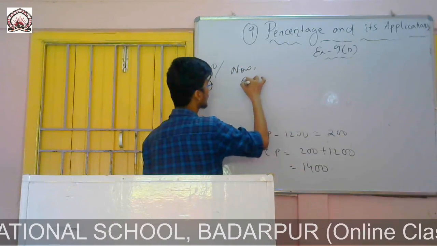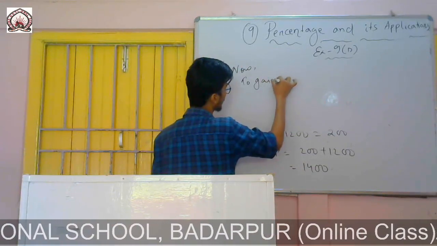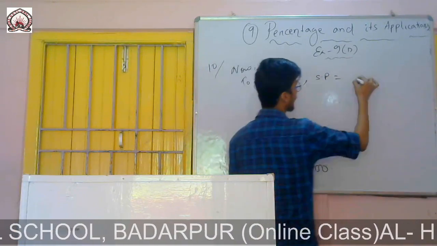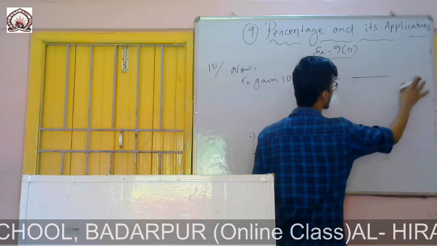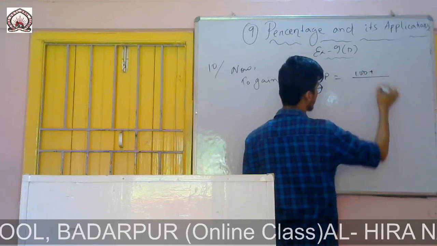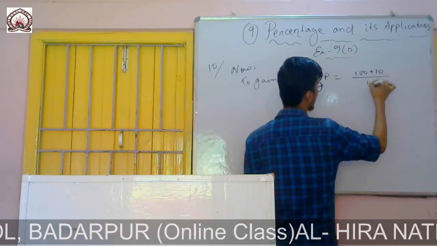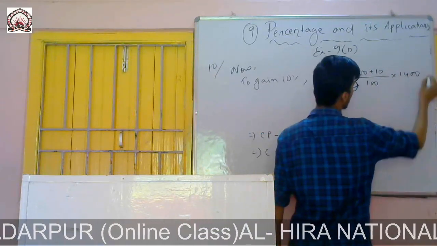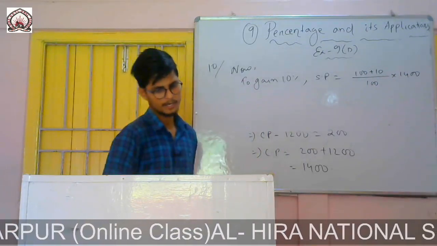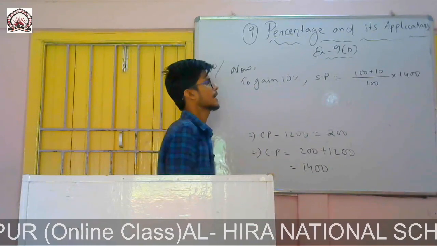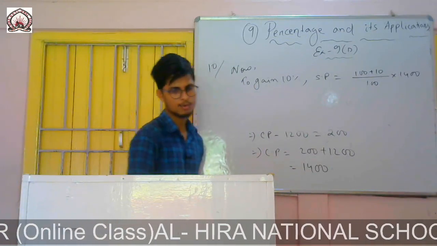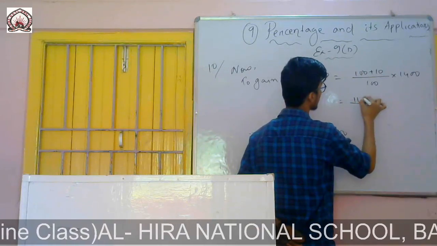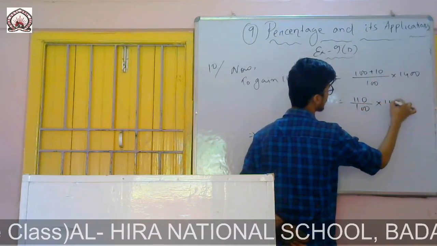So to gain 10%, SP will be equal to, we know the formula, (100 plus gain percent) by 100 into cost price, it is 1400. So it will be 110 by 100 into 1400.